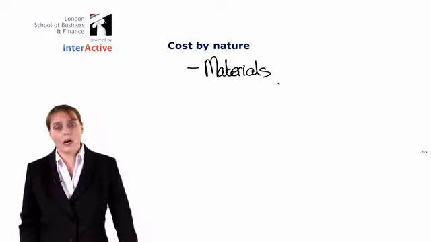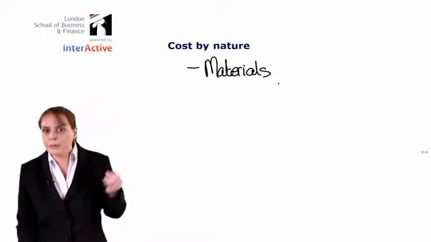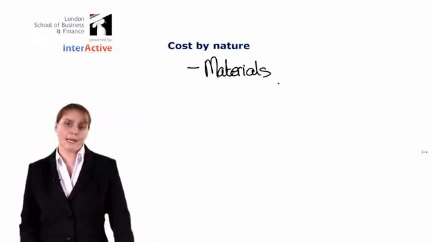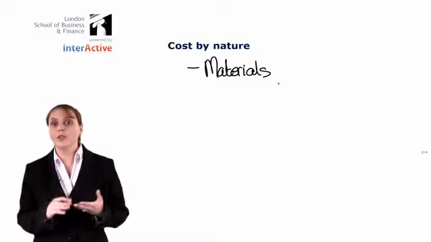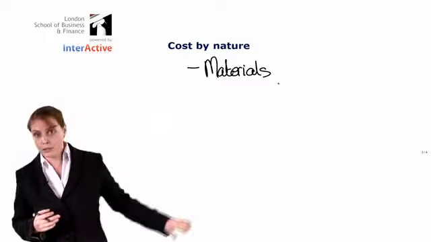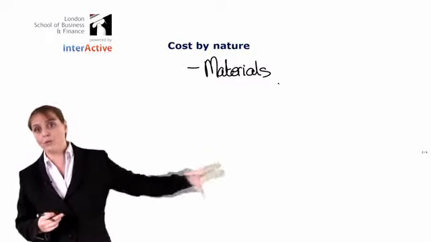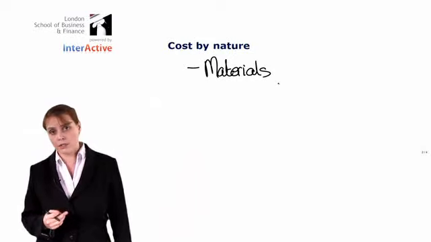Our material costs are anything we can physically reach out and touch. So any tangible items we spend money on would be our material costs, like the materials used in the production of our units. Our factory building is tangible. We can reach out and touch it. So it is a materials cost.